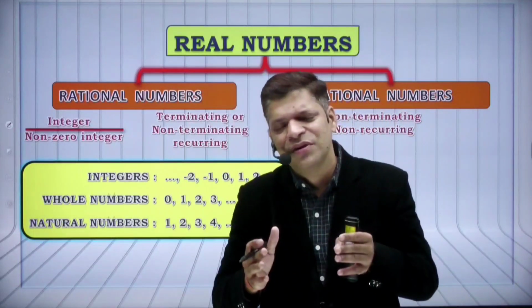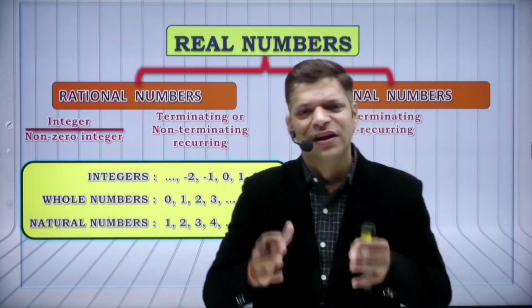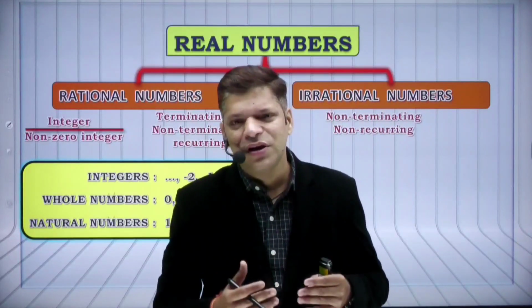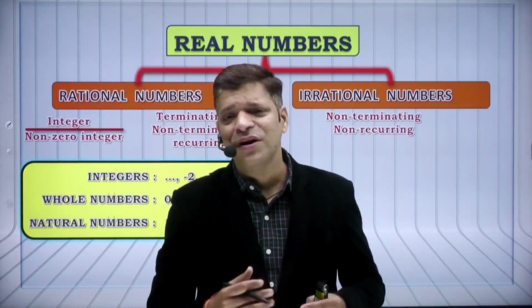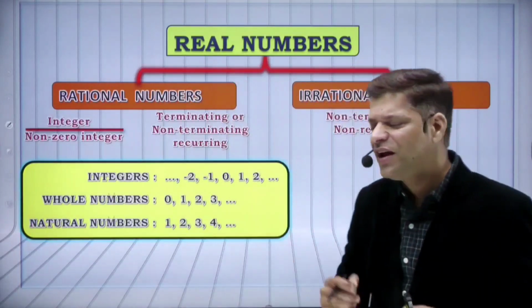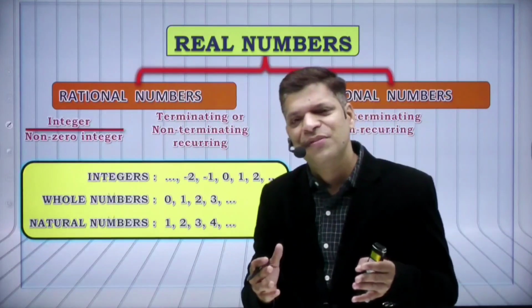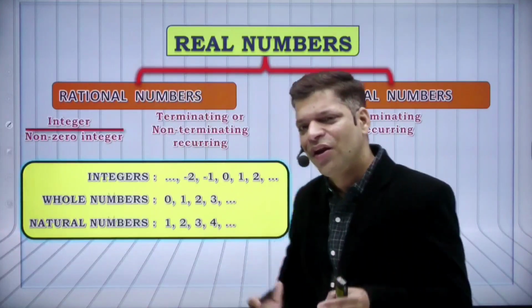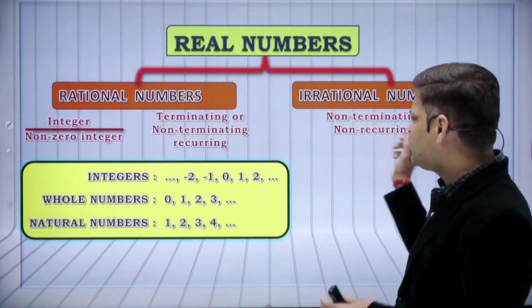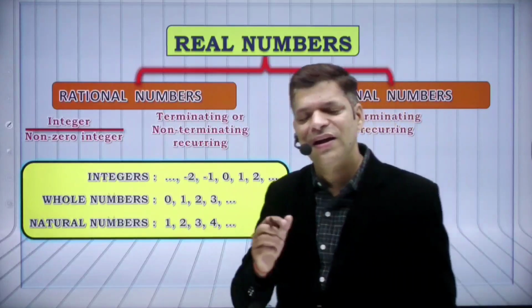In rational numbers, three types are included: natural numbers, whole numbers and integers. And the numbers whose decimal form is non-terminating and non-recurring go in the category of irrational numbers.